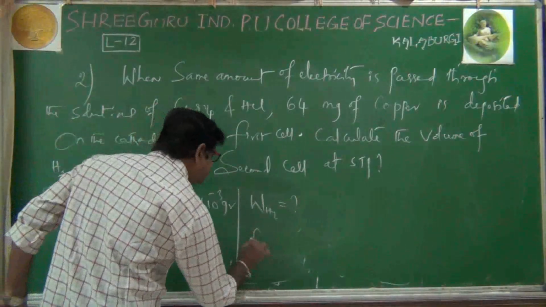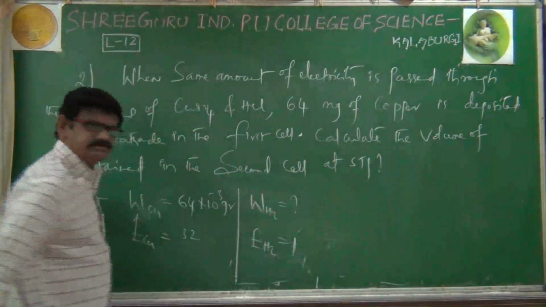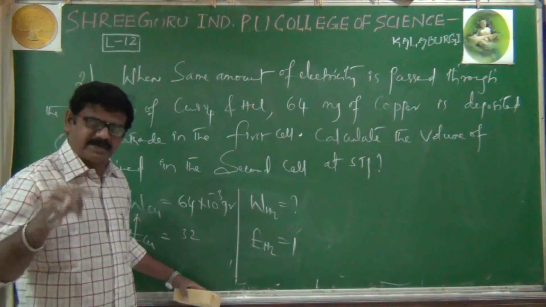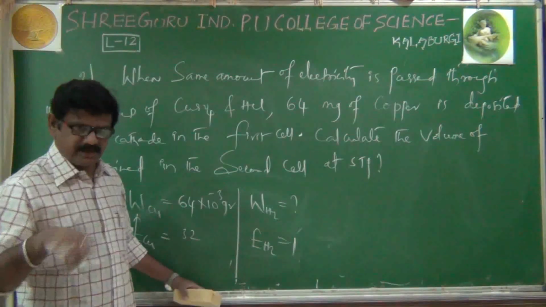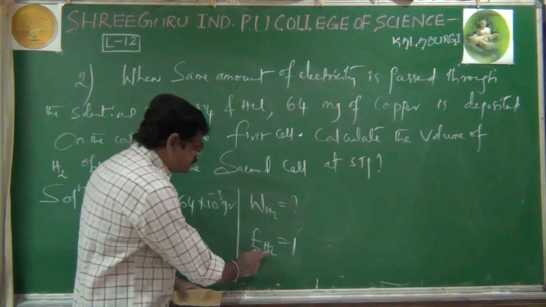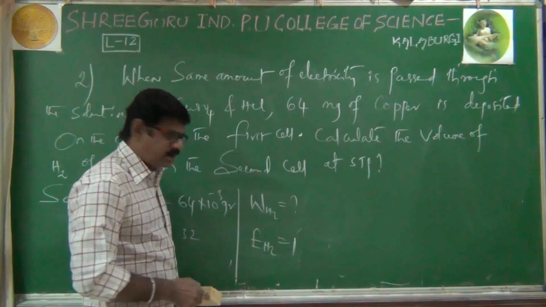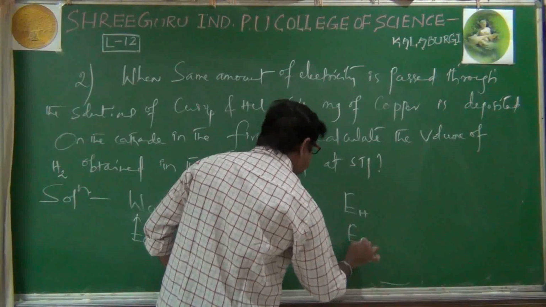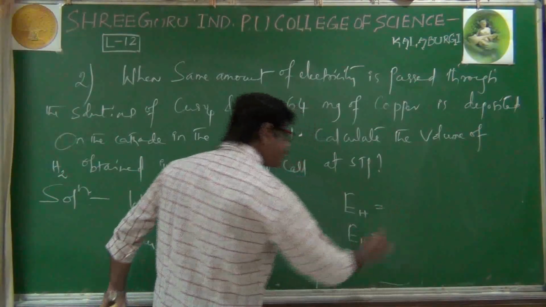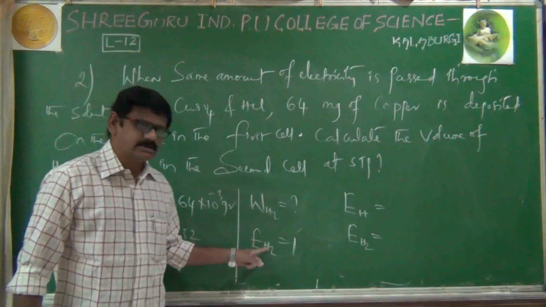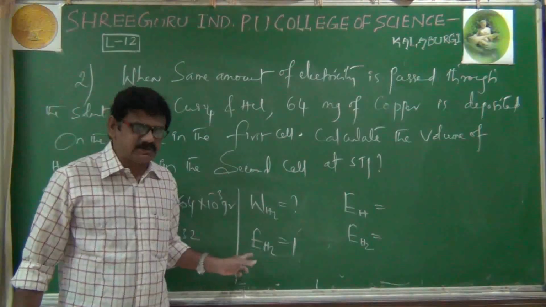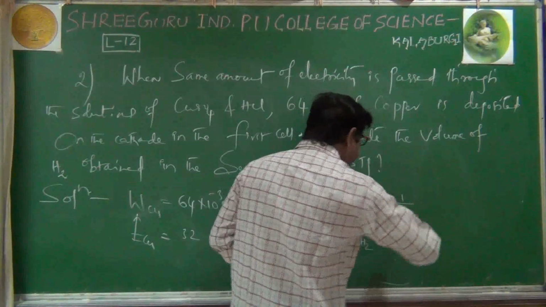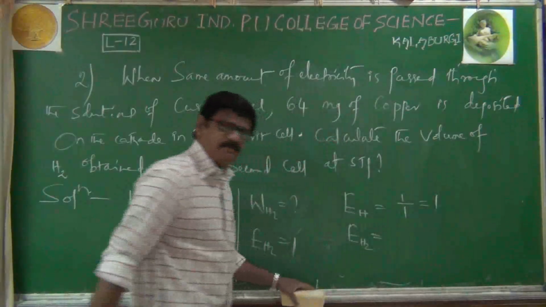Next, the equivalent mass of hydrogen is equal to 1, because atomic mass 1 divided by valence 1 is also 1. Suppose you take H2; there is an important point for you: equivalent mass of a hydrogen atom versus a hydrogen molecule. Here I have taken gas, and gas means we have to use the molecular state. For an atom, equivalent mass is atomic mass divided by valency, which is 1.